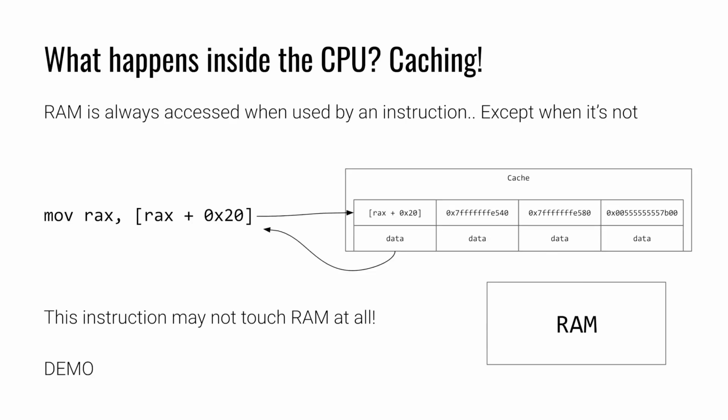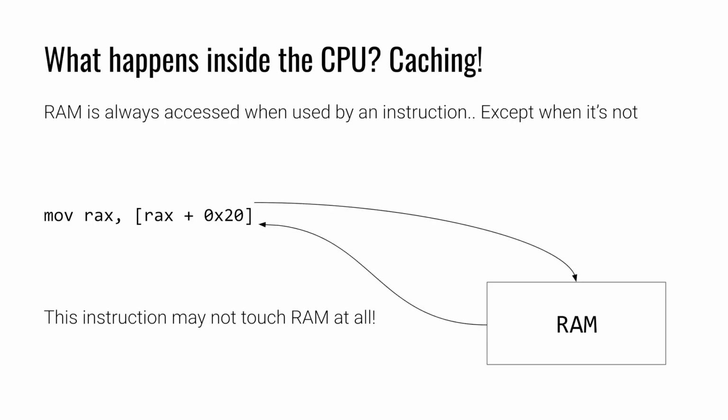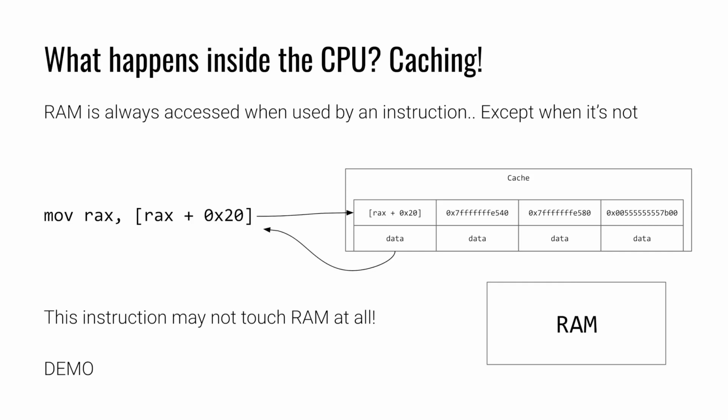This is how we think about it, right? The virtual memory address translates to somewhere in the physical RAM, which then gets accessed, the value gets pulled and passed into the CPU, and then gets moved into the RAX register. But there's actually caching layers.